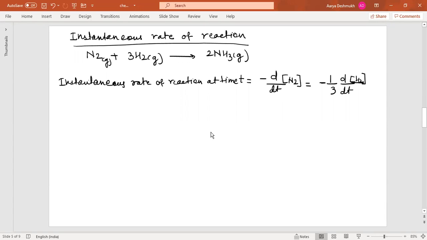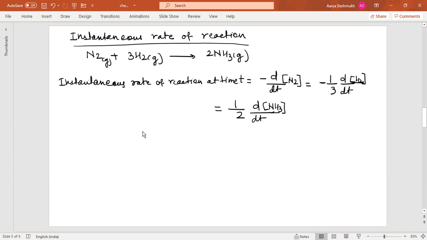Now this again will be equal to half d/dt of the concentration of ammonia, because there are 2 moles of ammonia being formed. So this is the way you can write the instantaneous rate at a particular time t.